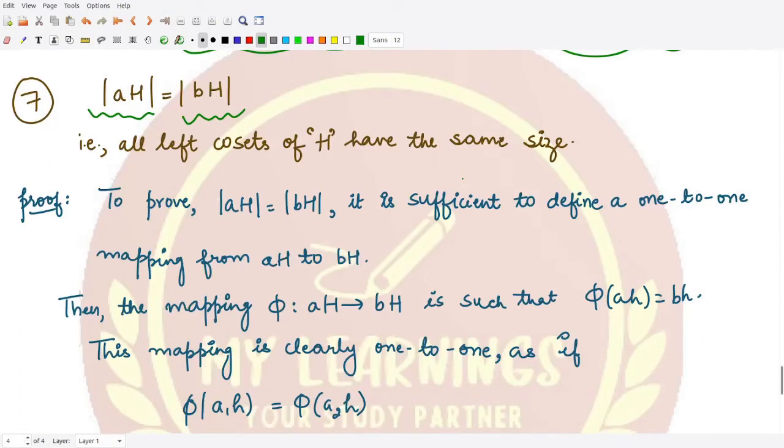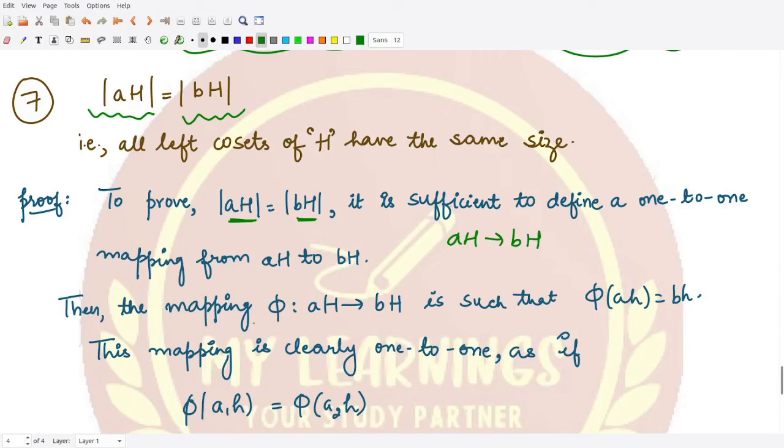The proof is also very simple. In order to prove that the order of AH is equal to the order of BH, meaning the number of elements is the same, we need to define a mapping from AH to BH and prove that the mapping is 1 to 1.